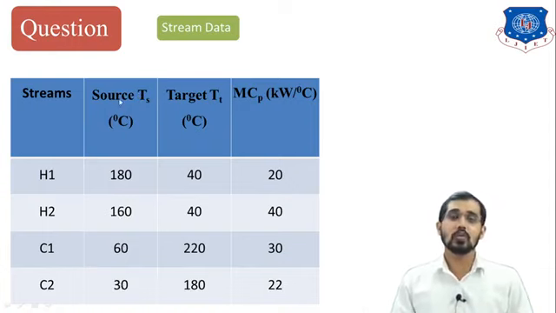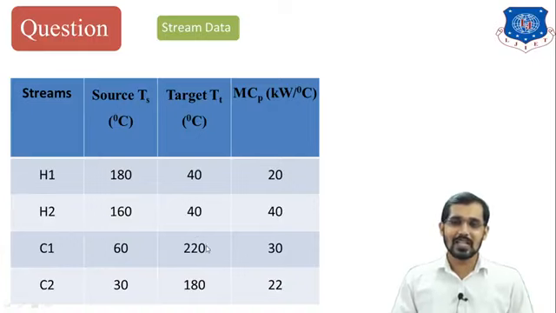These are the source temperatures given in degrees Celsius. After that the target temperature is 40 degrees Celsius for H1, 40 degrees Celsius again for H2, for C1 it is 220 degrees Celsius, and for C2 it is 180 degrees Celsius.